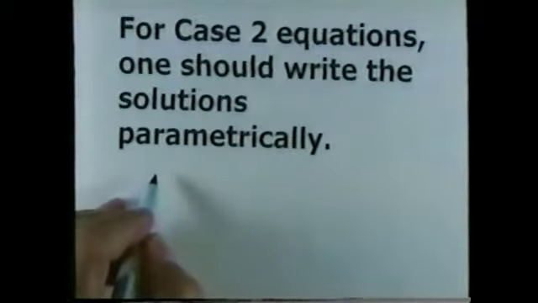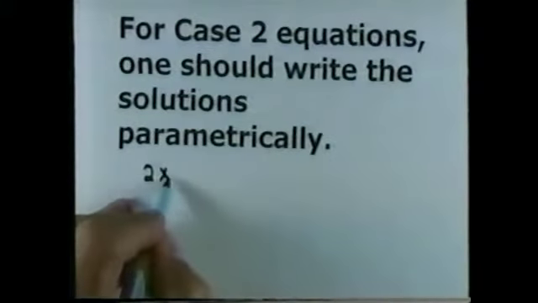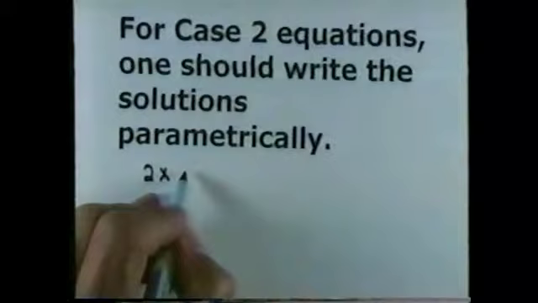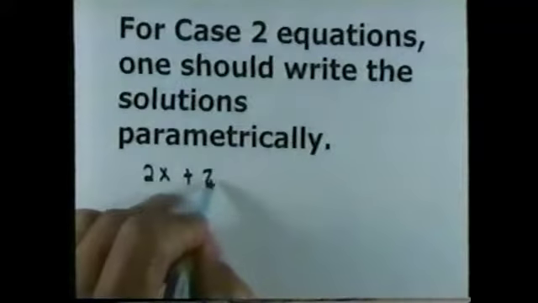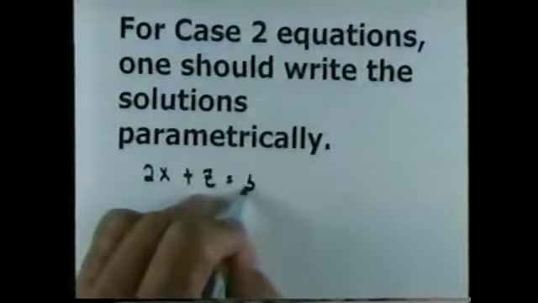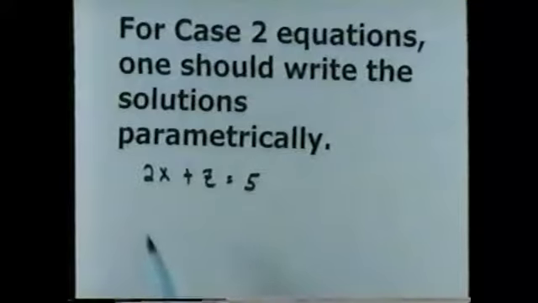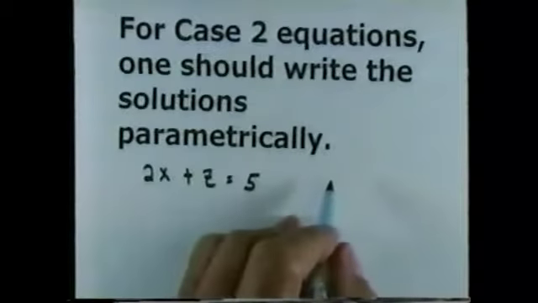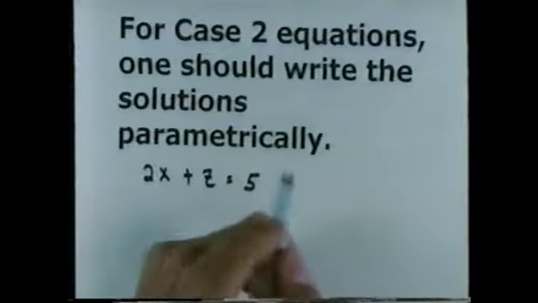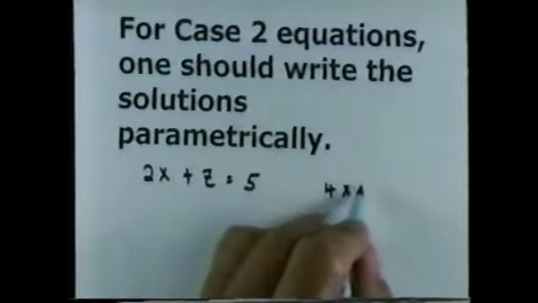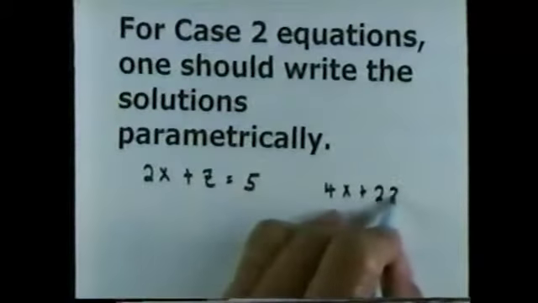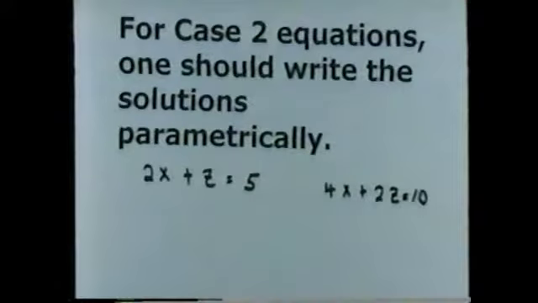We have solved the system, created a 2 by 2, and we have 2x plus z is equal to 5. In fact, we had this twice. If we looked at the other one, we had 4x plus 2z is equal to 10.